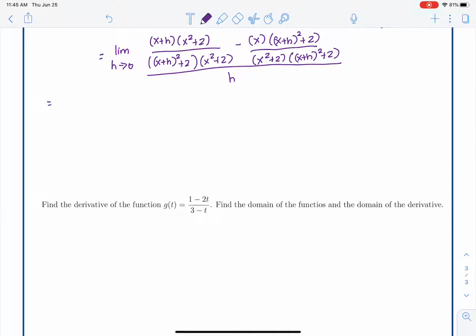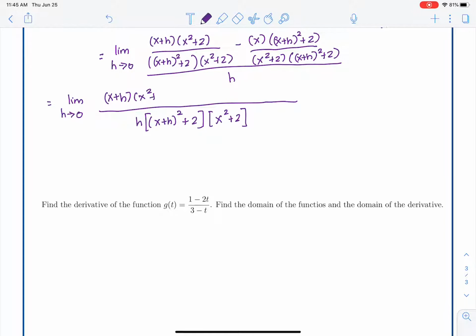So you can see why using the difference quotient could get really troublesome anytime we want to find the derivative. Things are getting really complicated here. So we have x plus h squared times x squared plus 2, and the numerator is x plus h times x squared plus 2 minus x times x plus h squared plus 2. I am going to expand and simplify.